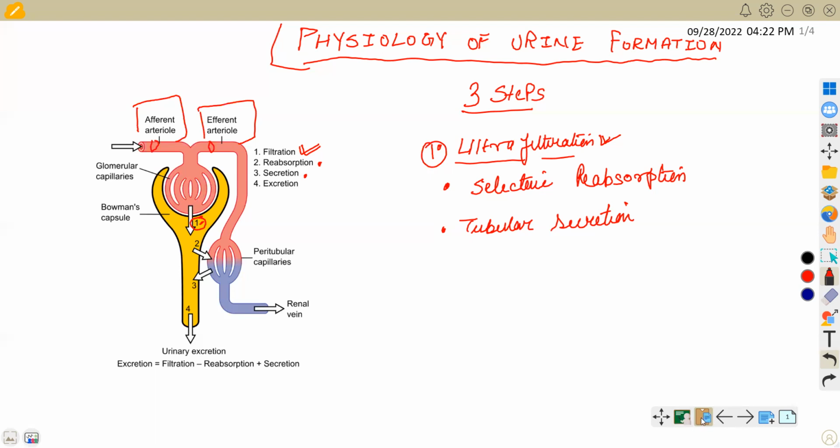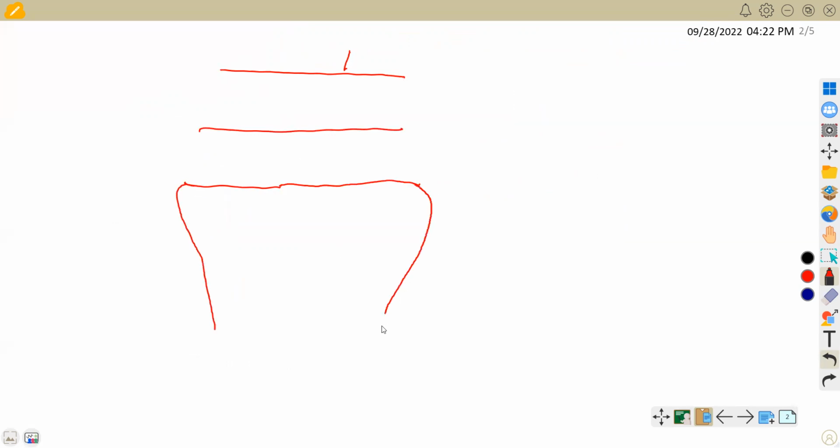Suppose this one is the Bowman capsule and this one is the endothelium. I am making the Bowman capsule like this, and we will create a pedicel.